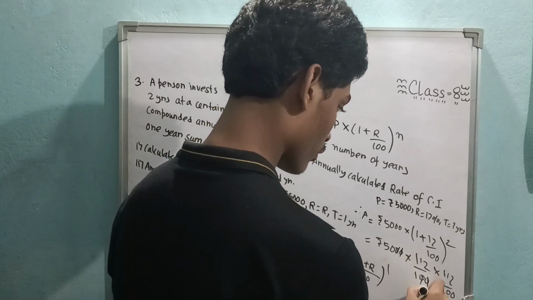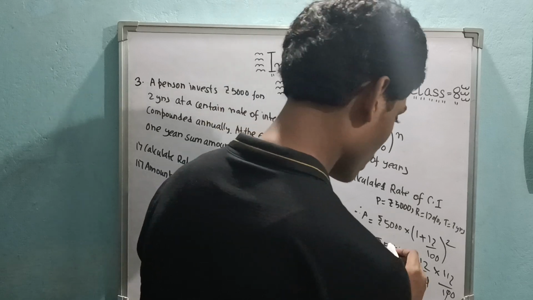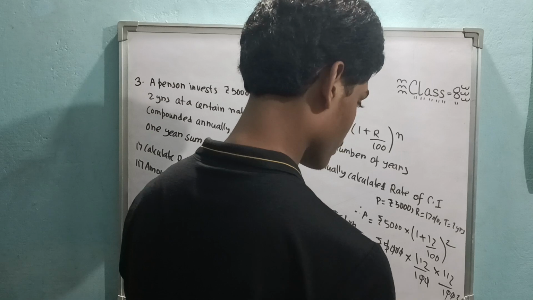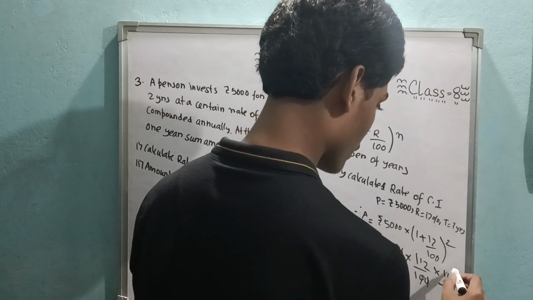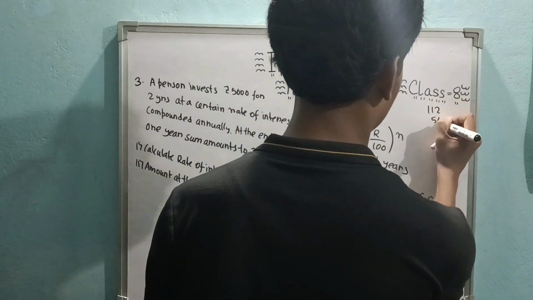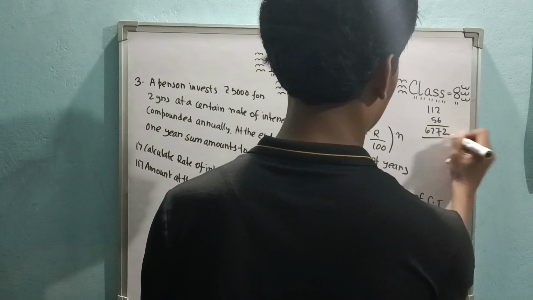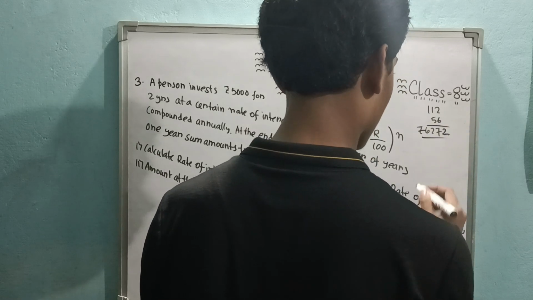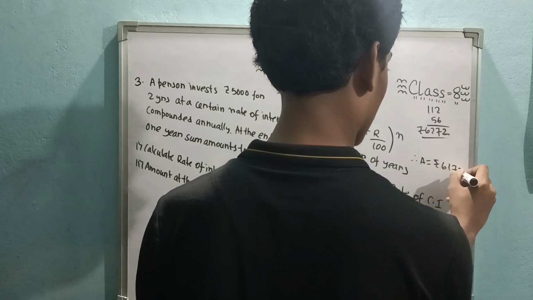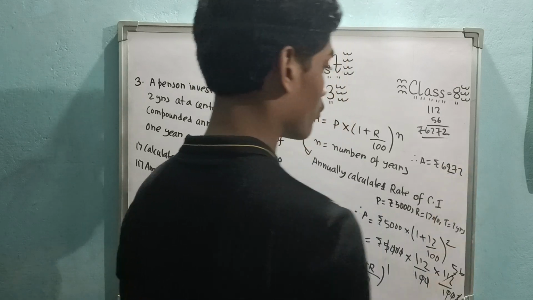Cancel the zeros, cut down this 5, get a 2 here, 256, and then let's do this calculation. 112 into 56, you will get 6,272. So A equals rupees 6,272. That's your answer, actually, the amount at the end of 2 years.